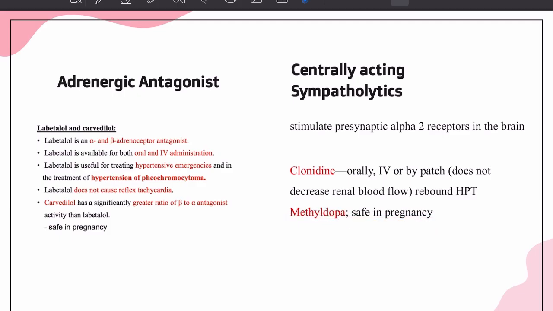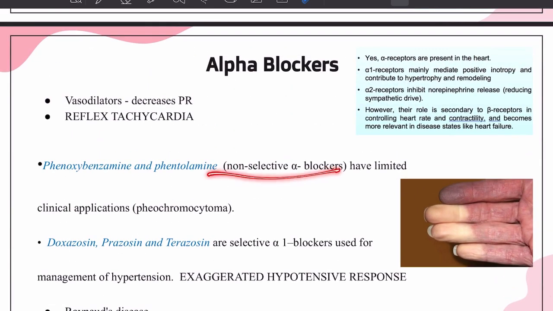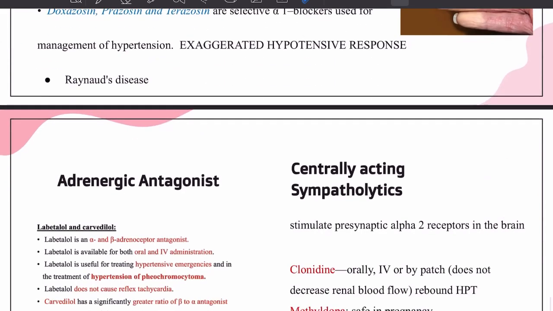I've not included everything. I'm mainly focusing on the things that you're most likely to be asked about or things that are high yield. So methyldopa and labetalol are safe in pregnancy. Labetalol and enalaprilat are used as IV and they're used in hypertensive emergency. Labetalol, we use it in pheochromocytoma along with your non-selective alpha blockers, phenoxybenzamine and phentolamine.